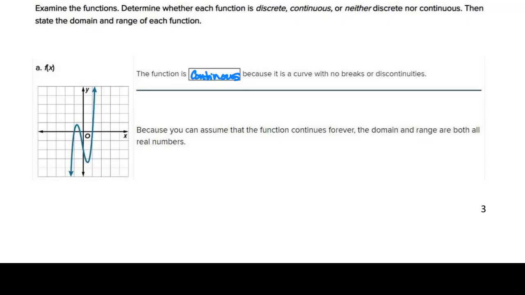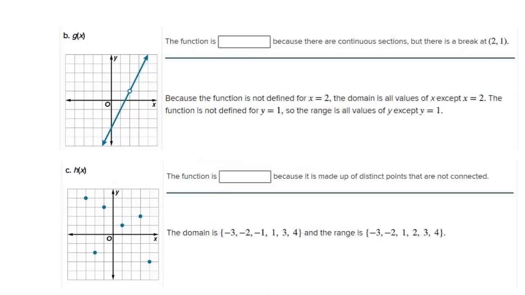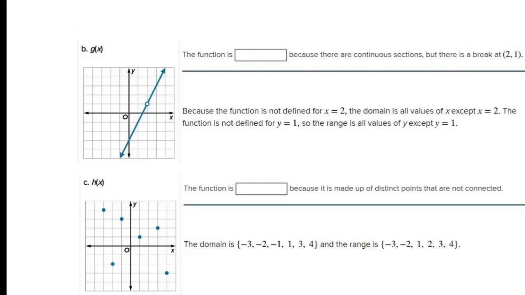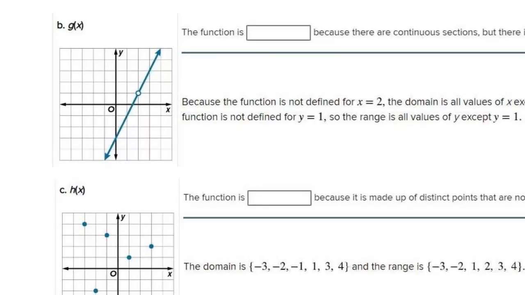Okay? Let's turn the page, look up at the top. Take a look at graph B. Is that continuous, discontinuous, or discrete? What is it? No, not continuous. It's got this nice little hole right here, right?